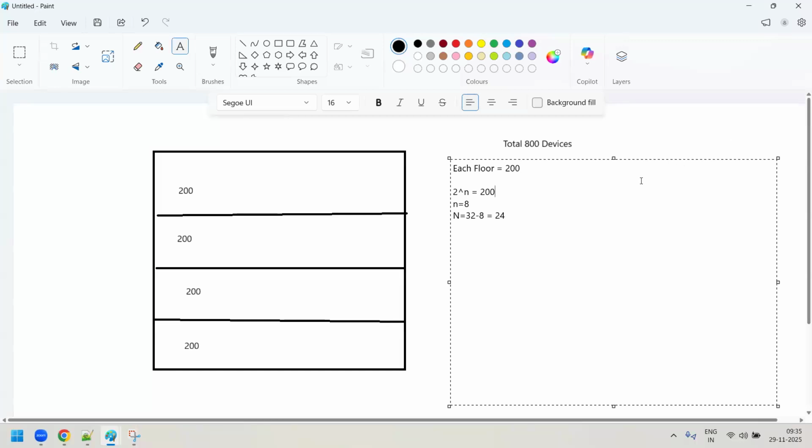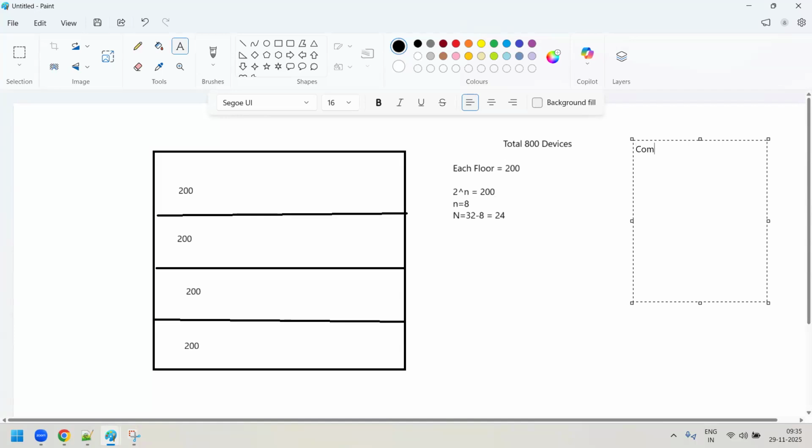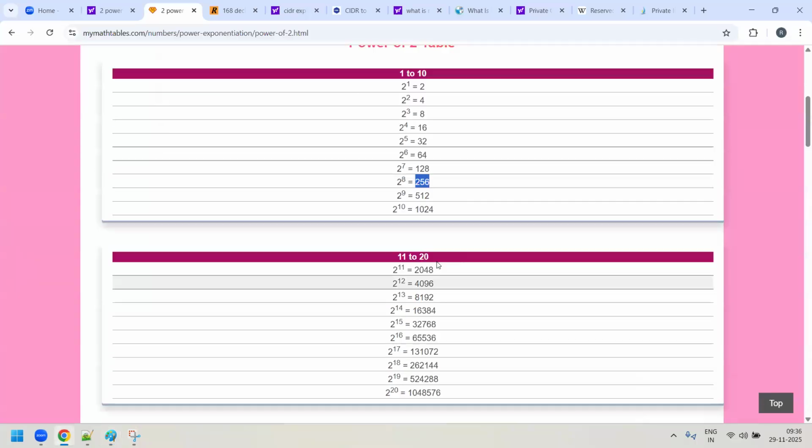So this is for each floor. For the complete building, how many devices are there, sir? 800, right? For the 800, what is the formula? Suppose I want to come up with the subnet mask. I'll say 2 to the power of n is equal to 800. So what is the value n where you need to check the nearest to 800? Which is the nearest? 2 to the power of 9, you cannot take it.